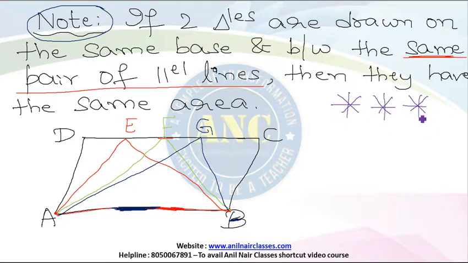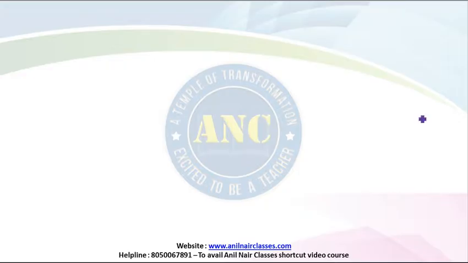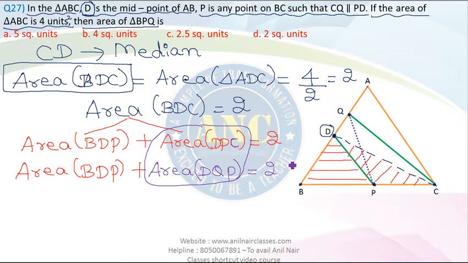If two triangles are having the same base, let us check the first point. DPC is my first triangle. DQP is my second triangle. Can I say that DPC is having the base as DP?